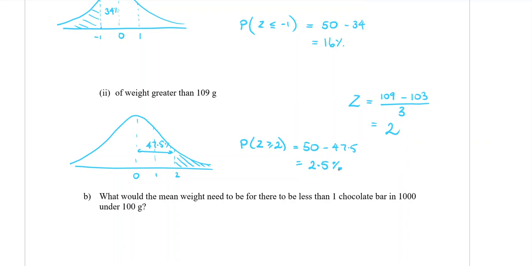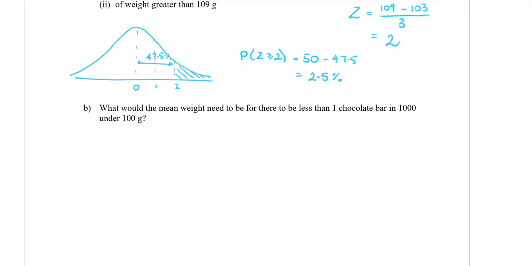And last one, B, what would the mean weight need to be for there to be less than one chocolate bar in 1,000 that is under 100 grams? Okay, so this is slightly trickier because we are changing the mean to try to make it so that very, very few bars are underweight.